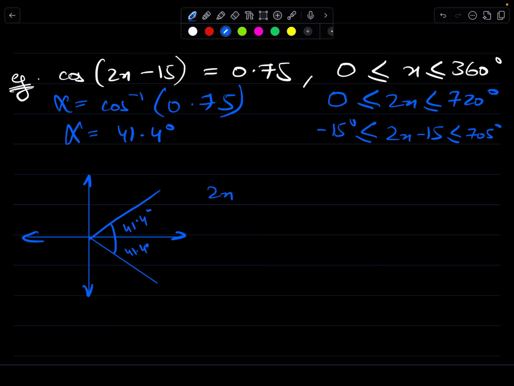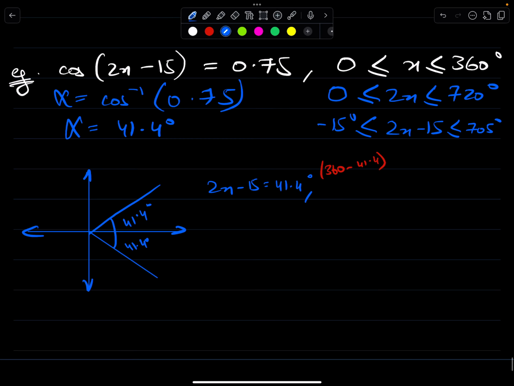Then we have 2x minus 15 is equal to, first of all, in the first quadrant it's alpha, in the fourth quadrant it's 360 minus 41.4, which will give us 318.6.